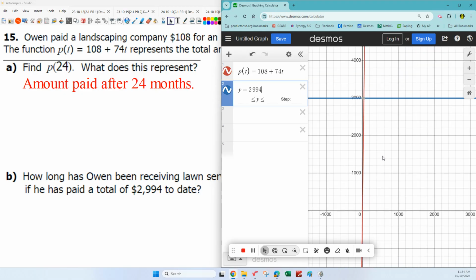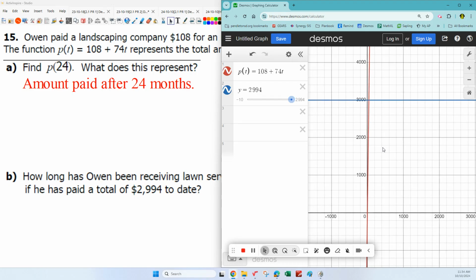There it is. Okay, does anybody see a danger here of just clicking on a point? Like, is that the answer? Mm-mm. How come that point was there? Yeah, that's the y-intercept, right? Desmos doesn't know which point you're looking for.